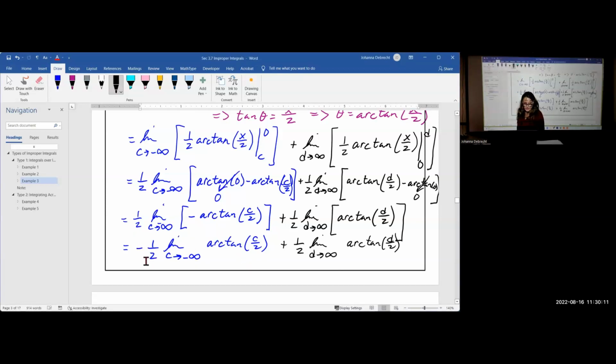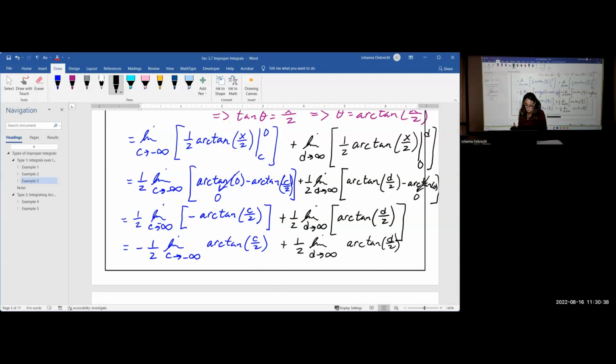So we can ignore the negative 1/2 for a minute and just focus on this part right here. We want the limit as c approaches negative infinity of the arctangent of c over 2. Now, c over 2, if c is going to negative infinity, becomes negative infinity over 2, which is really negative infinity. So the x value is going towards negative infinity.